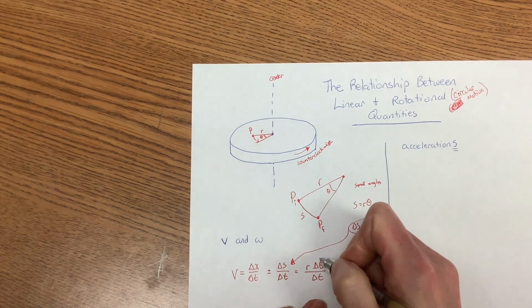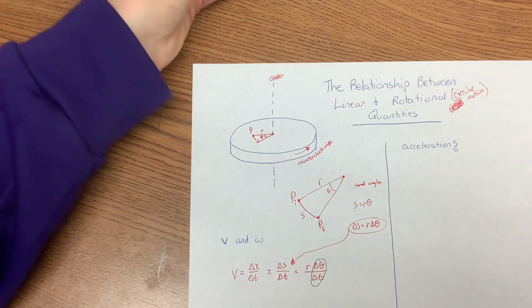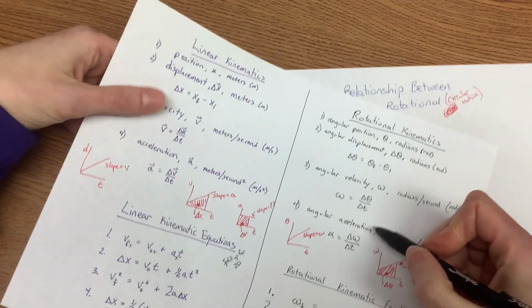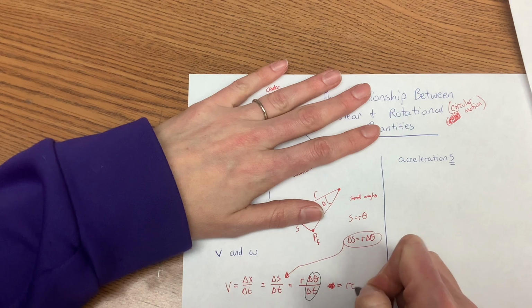And we were just talking about this thing right here, delta theta over delta t. It's omega. So this is going to become R omega.